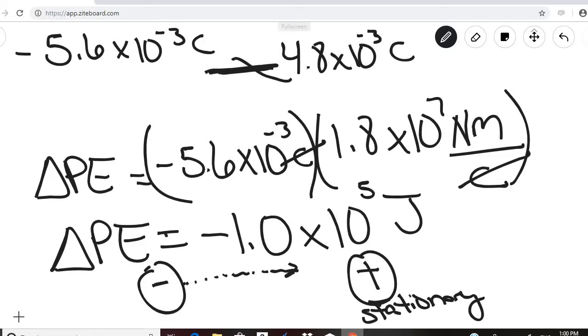And we specifically calculated what will happen to the potential energy when it has moved 15 centimeters or 0.15 meters. When it has moved 15 centimeters, the potential energy will have decreased by 1.5 times 10 to the 5th joules, which means that kinetic energy would have increased by an equal amount.